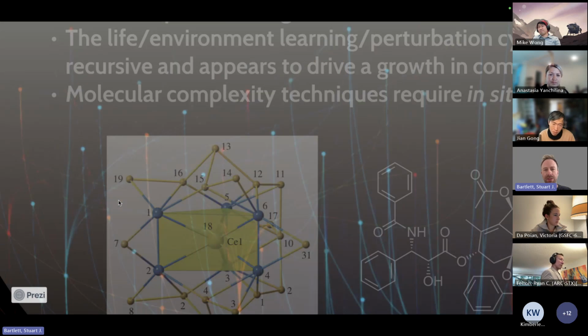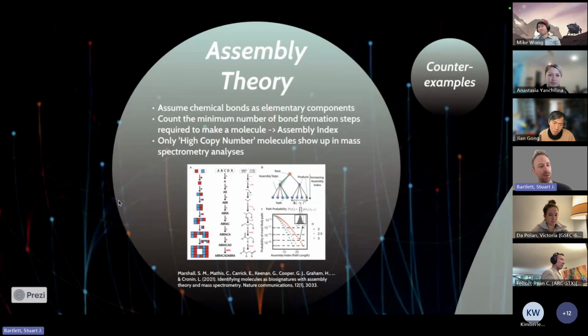So you've probably all heard of this approach to measuring molecular complexity called assembly theory. This came from Professor Lee Cronin at the University of Glasgow and Professor Sara Walker at Arizona State University, along with many other collaborators, Stuart Marshall, Cole Mathis, etc. And assembly theory tries to quantify the complexity of molecules or objects in general by essentially counting the minimum number of elementary steps that it takes to produce that object.